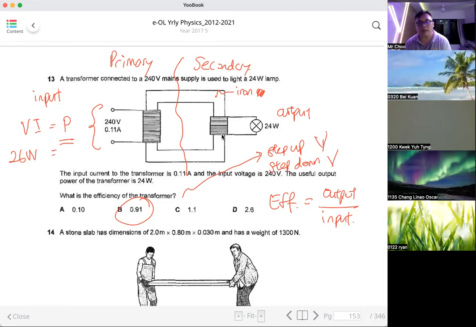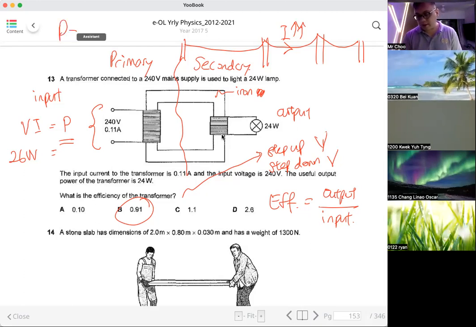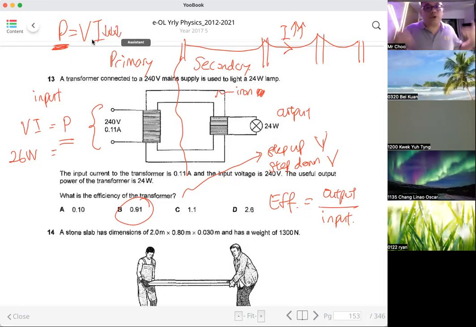Over a long distance, imagine a power line. In other countries, there are a lot of power lines. A power line can go through many kilometers. And if your current is very high, you will lose a lot of electrical energy. So if you want to maintain high power or high energy, you want your current to be as low as possible so that you do not lose energy through heat.